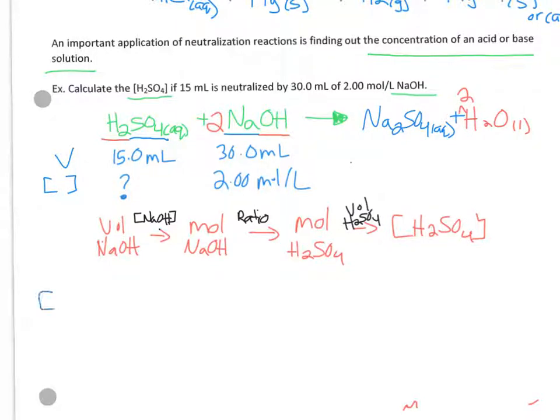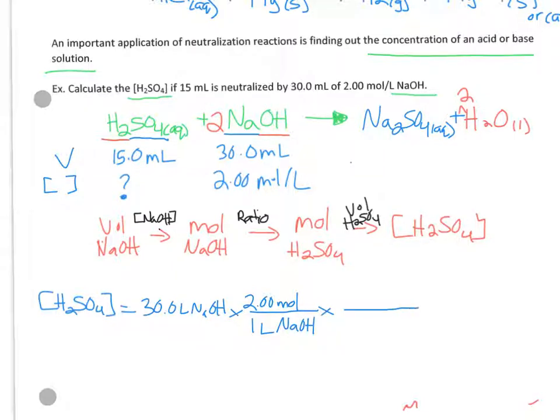So you are looking for concentration of H2SO4. We're going to start with our volume of NaOH. We're going to multiply it by our concentration, 2.0 mole per 1 liter of NaOH.